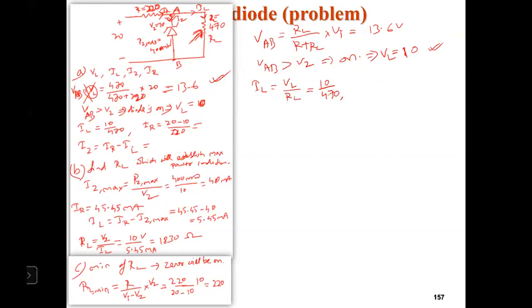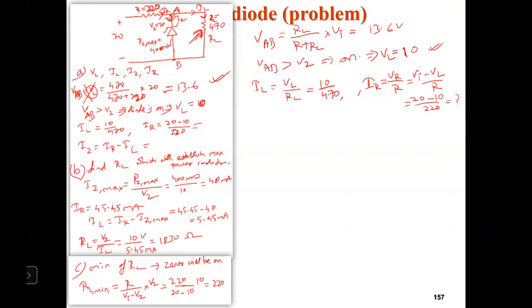Next, you have to calculate IZ, and for that you first calculate IR. IR will be equal to VR by R, where VR is VI minus VL. So IR equals VI is 20 minus VL is 10, by R is 220.